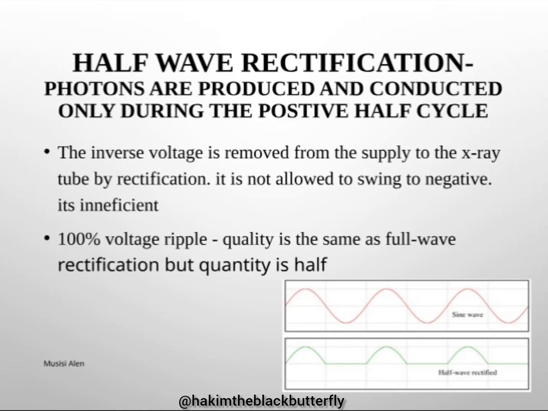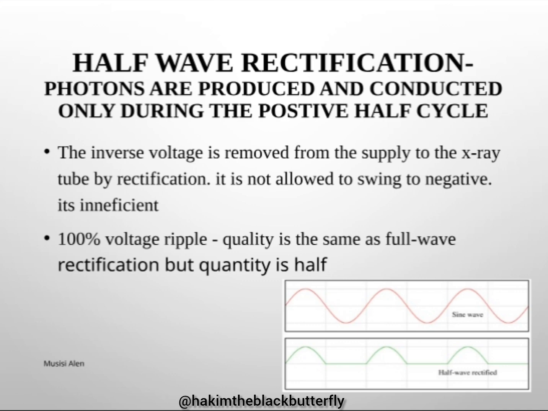Then this green wave shows us a voltage that has been half rectified. That is, the negative half cycles are removed from the supply. You can see that very well. So only the positive half cycles are left in the supply.